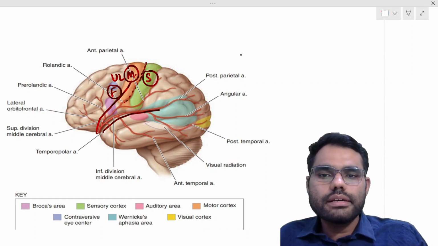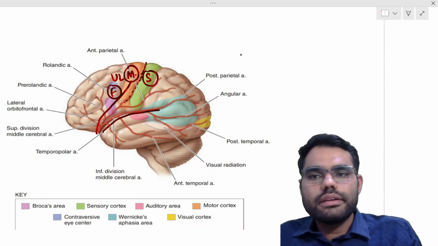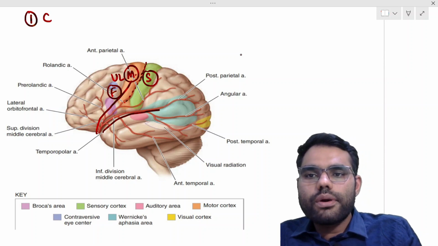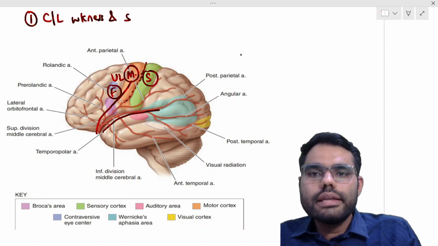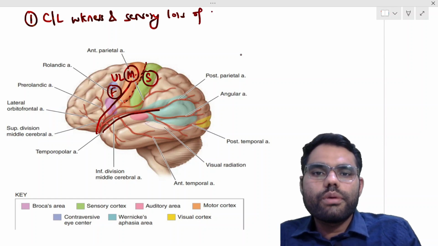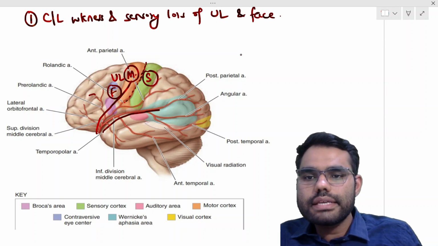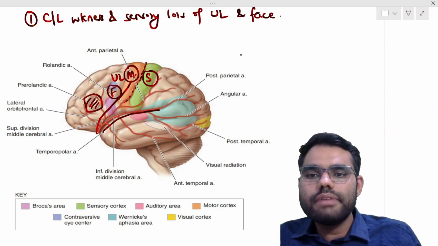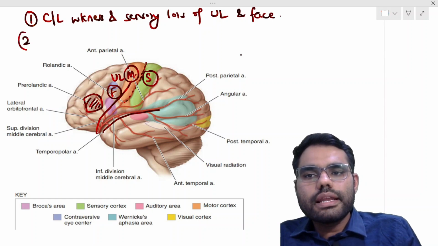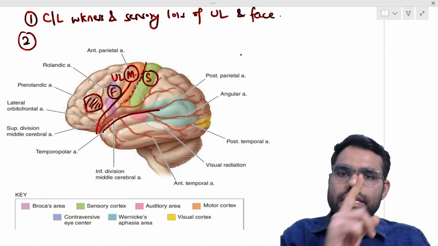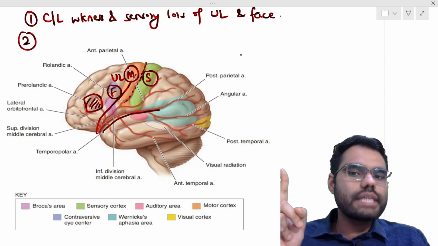So what if there is an occlusion of the superior division? There would be contralateral weakness and sensory loss of upper limb and face. Next, there is an area known as the frontal eye field here. The role of the frontal eye field is to cause a conjugate deviation of eyes towards the opposite side.